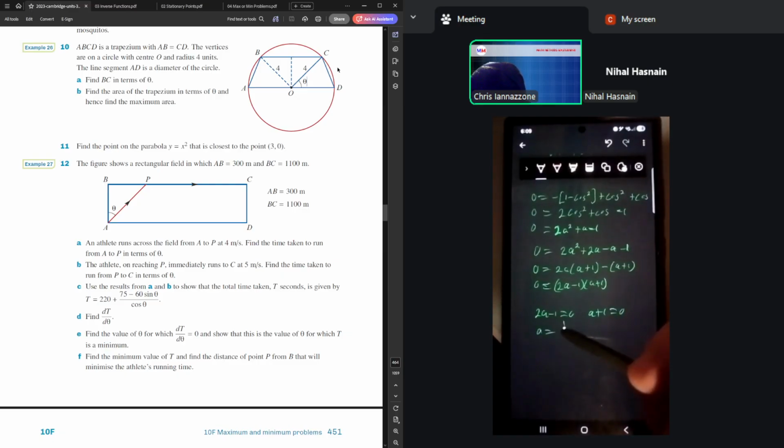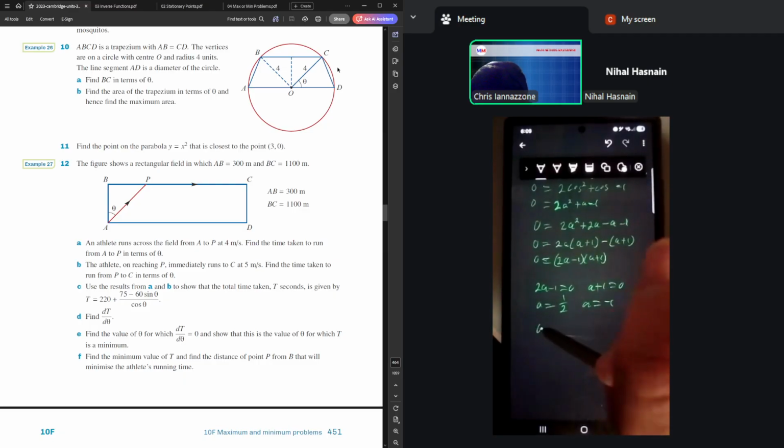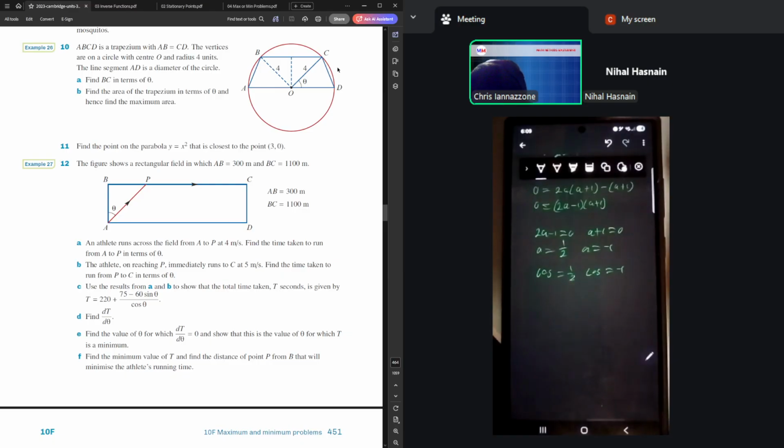I'll just speed things along a little bit. A is a half, a is -1. Our substitution was a is cos, so we have cos is a half or cos is -1.